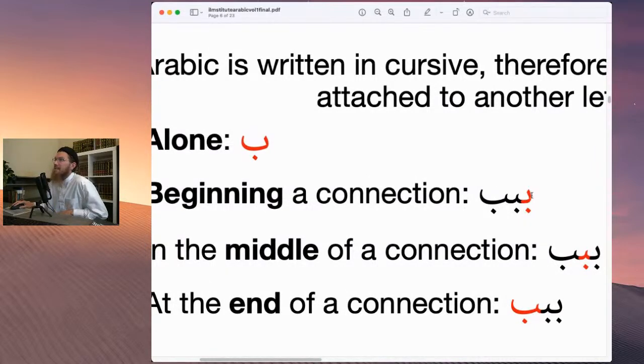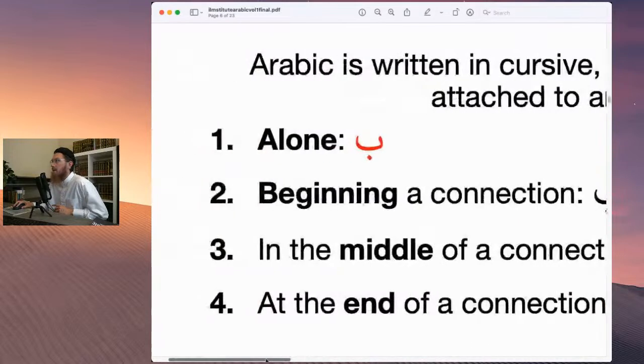Then when it's beginning a connection, this is what it looks like. It looks pretty much the same, right? It's not some completely different shape. It looks very similar. It has one dot underneath it, but it doesn't look exactly like this.